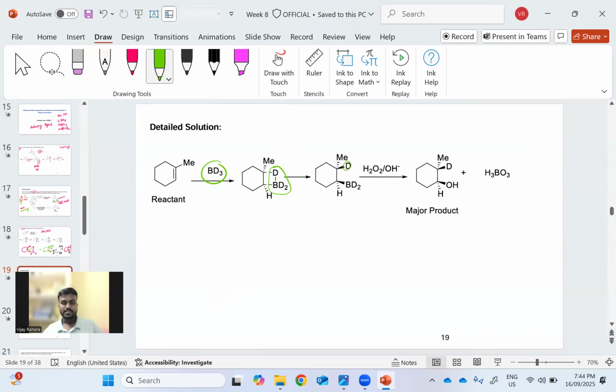So this BD3 will remain on the syn side, and then with H2O2 addition to this intermediate, we get this OH and the D on the syn side. So what will be the correct option?